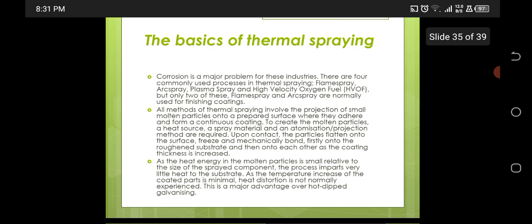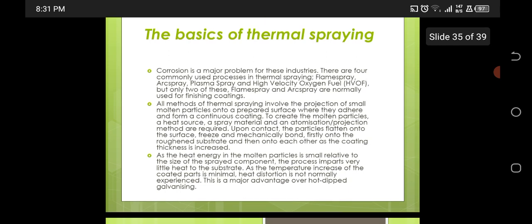Thermal spraying is the general category in which we have the subdivisions: flame spray, arc spray, plasma spray, and high velocity oxygen fuel. But only two of these, flame spray and arc spray, are normally used for a finishing or protective coating. We have four different categories of thermal spraying, but we prefer two, flame spray and arc spray.